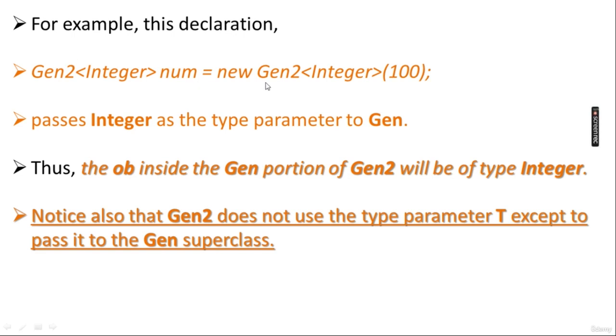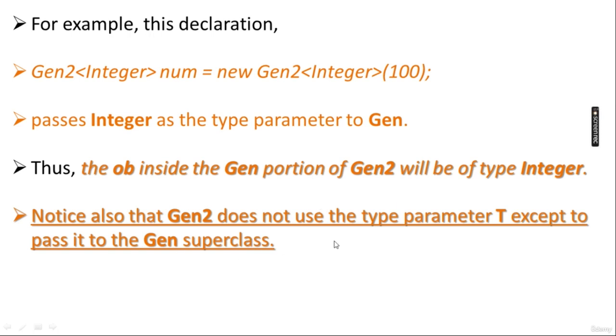Gen2 of Integer num equals new Gen2 of Integer 100 passes Integer as the type parameter to Gen also. This 100 will be passed to Gen also. Thus, the object inside the Gen portion of Gen2 will be of type Integer.